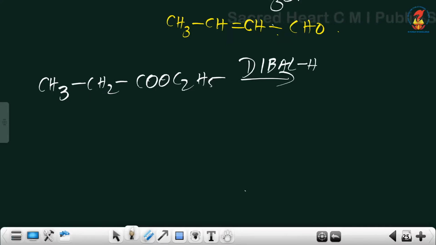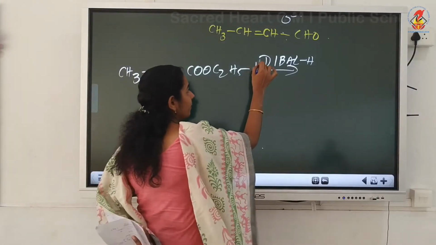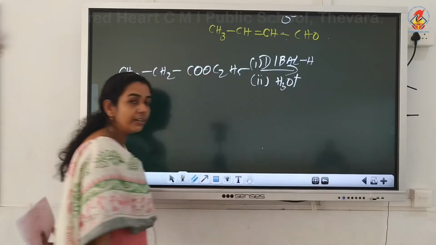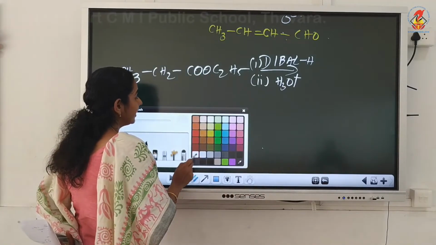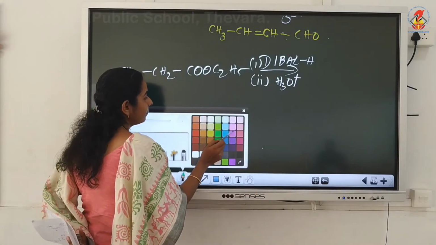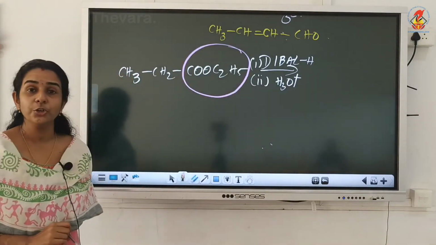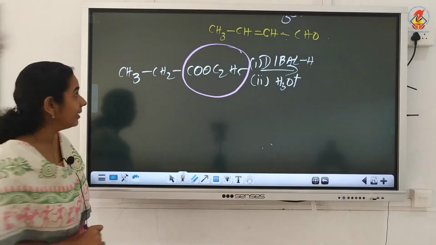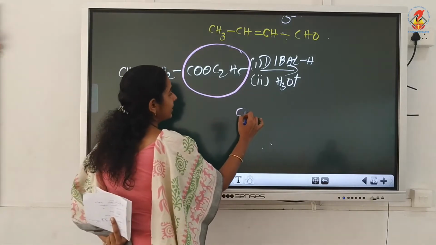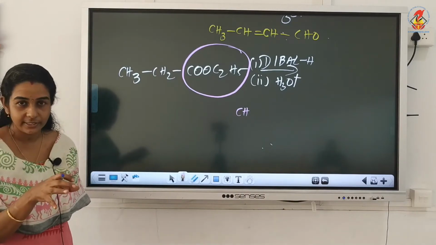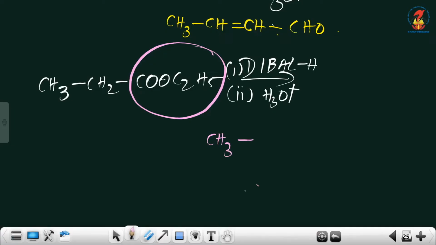If we are treating an ester with dibal-H followed by hydrolysis, here also we will be getting aldehyde. What happens here is we can replace the ester group by aldehyde. So what we need to do is replace only the ester group with CHO. So we will get CH3CH2CHO.